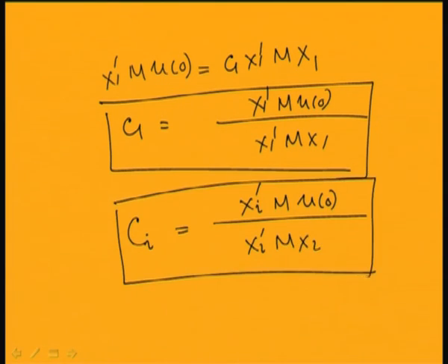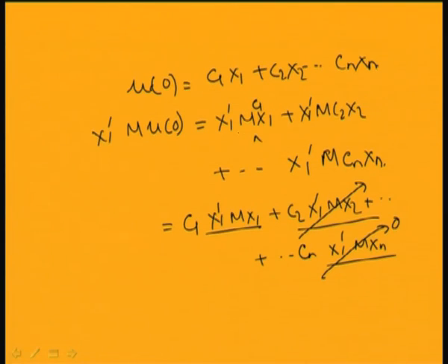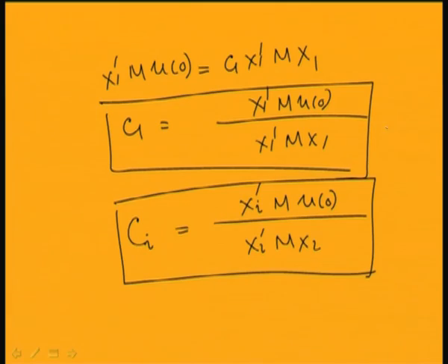Either I can use the M matrix here, or I can pre-multiply by x1 dash m, or I may pre-multiply by x1 dash k, and applying this orthogonality principle, c_i can be written as x_i dash m u0 by x_i dash m x_i, or I may also write this c_i equal to x_i dash k u0 by x_i dash k x_i.